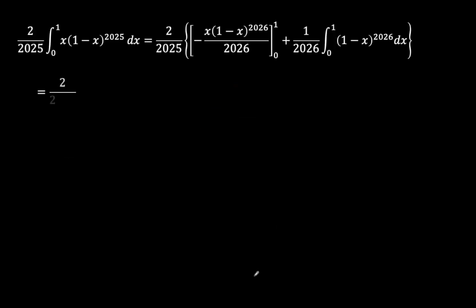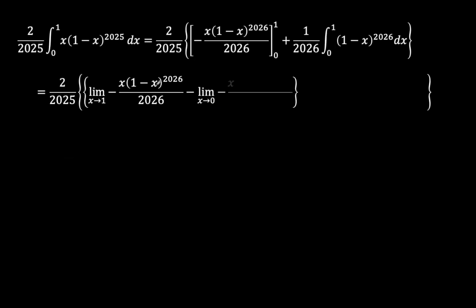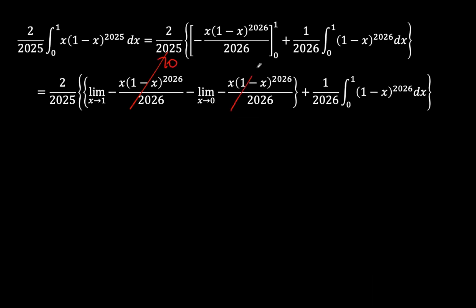So still, again, considering the limits, 1 and 0, as x tends to 1, as we can see, 1 minus 1 is 0, so this part tends to 0. And then as x tends to 0, this x here tends to 0, so this entire part also tends to 0.